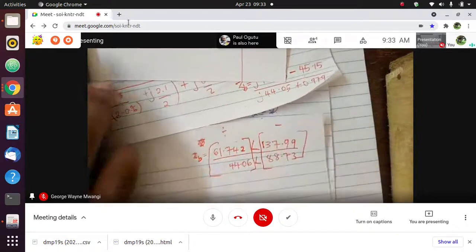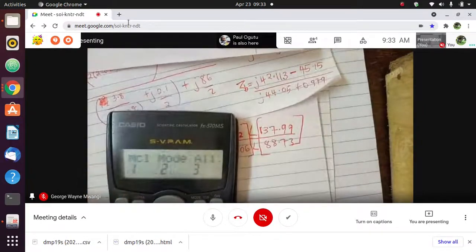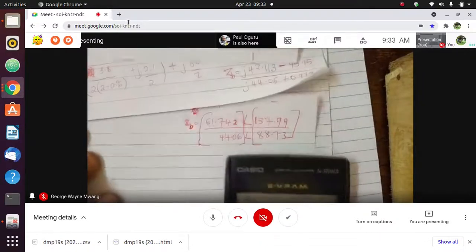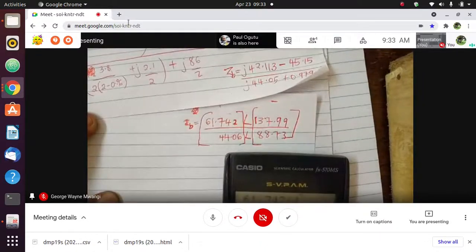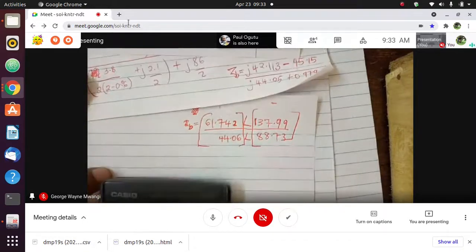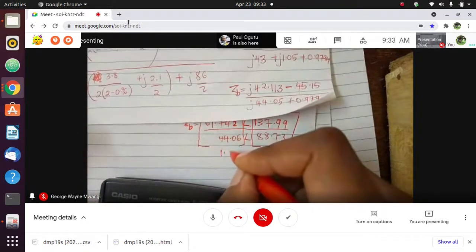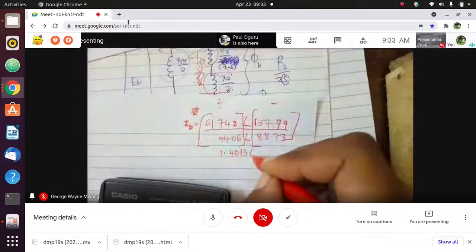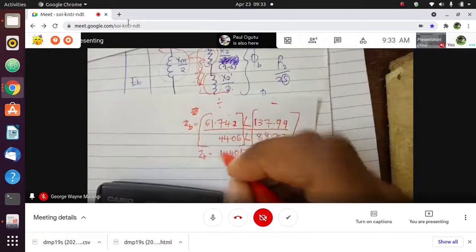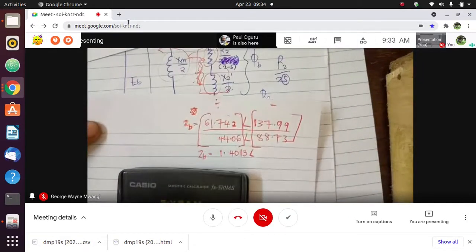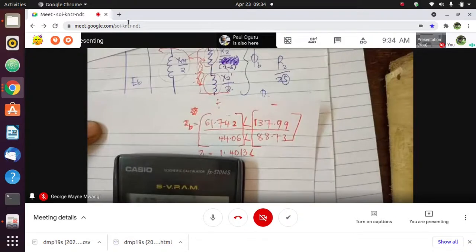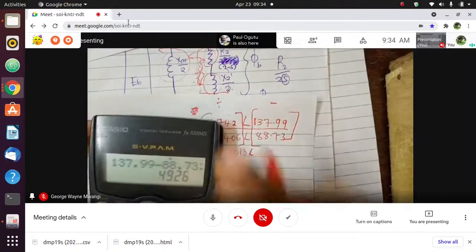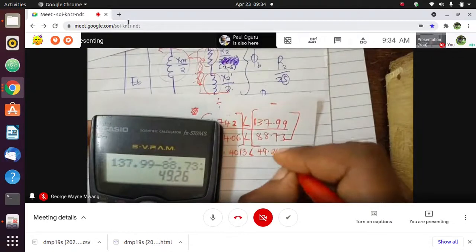So 61.742 divided by 44.06 gives you 1.4013, and our angle is 137.99 minus 88.73 to give you an angle of 49.26.